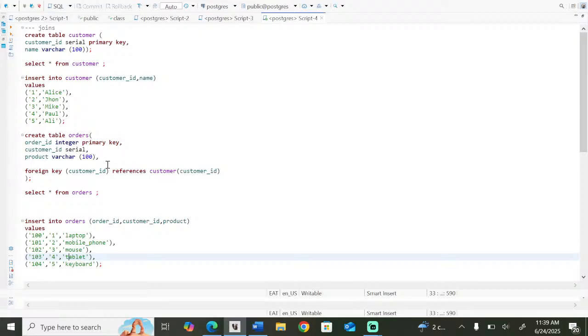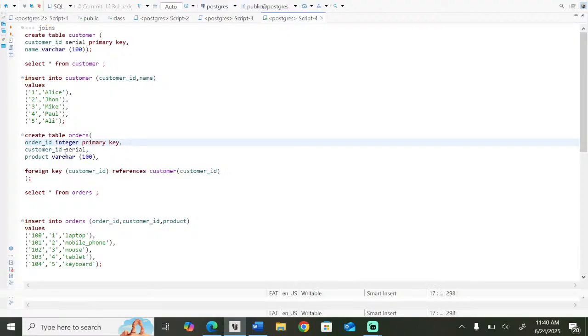Let's say we have a table like orders. This is how you create tables. You say create table, then the name of the table. After that, you open a bracket. Then you type the column name: order ID, integer. This is a data type. Then a primary key, which is a unique identifier.